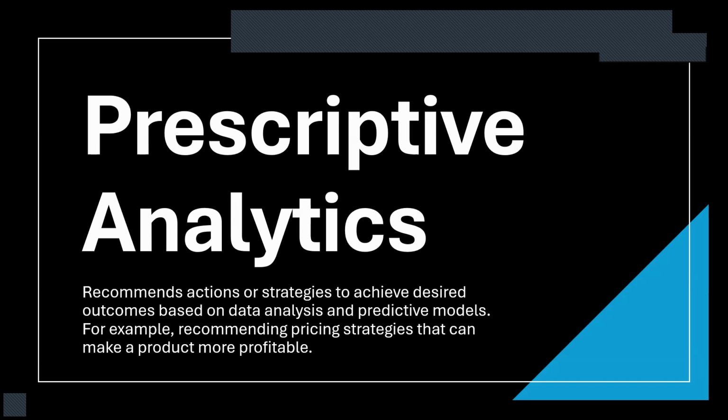For example, we want to recommend price strategies that can make a product more profitable. What an everyday seller will do is price all of their products the same. But with data, you can actually decide it's better for me to sell at a particular price in the morning and at another price in the afternoon and at another price in the evening, right?